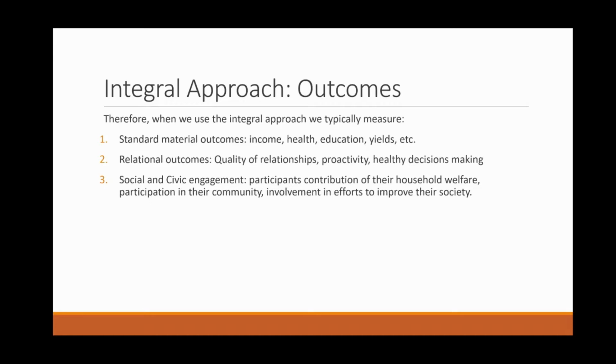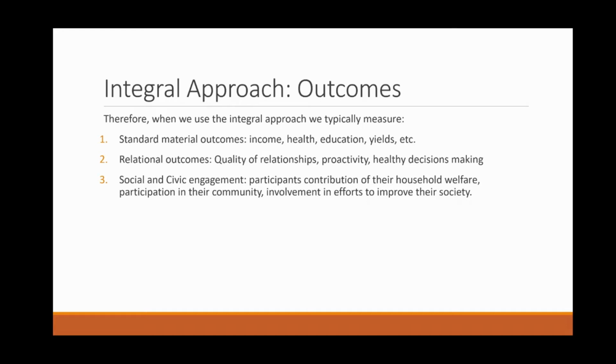Well, typically we'll measure standard material outcomes like income, health, education, yields, etc. We also will look at relational outcomes. We'll use measures of the quality of relationships, or how proactive people are, or how healthy their personal decision making is. And we'll also look at how well people are engaging in their society and their community.